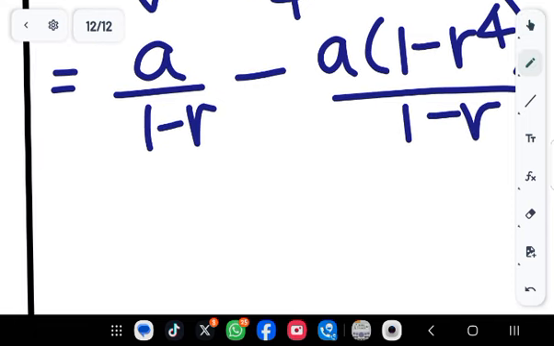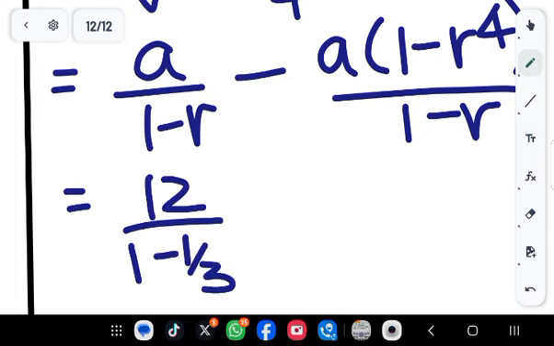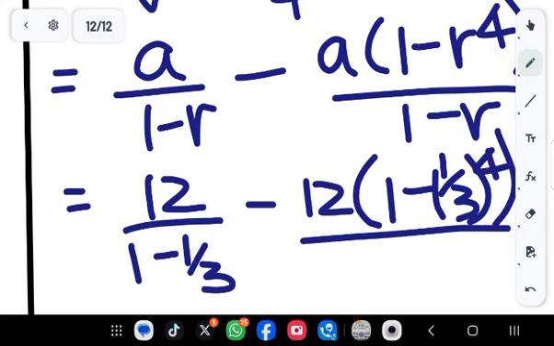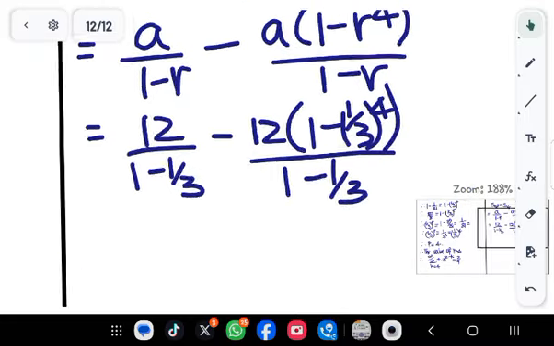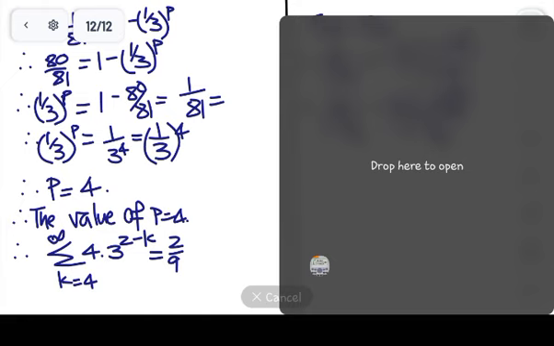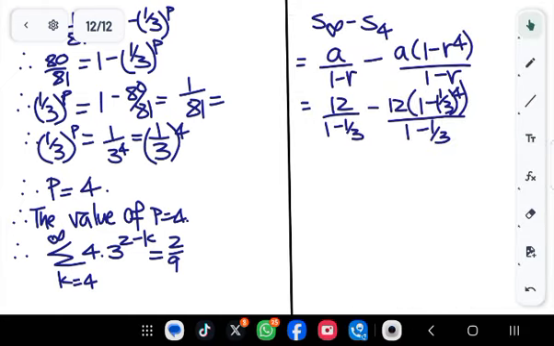So the first term was 12 over 1 minus a third minus 12 times (1 minus a third to the power of 4) all over 1 minus a third. You can calculate this and you will see it will give us the answer 2/9. Just want you to see it for yourself.